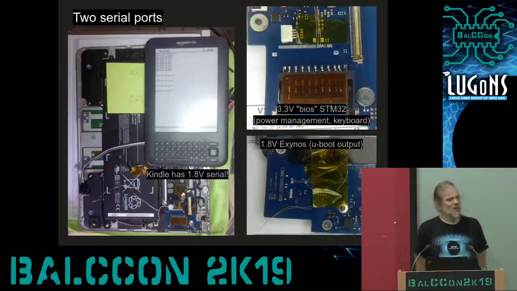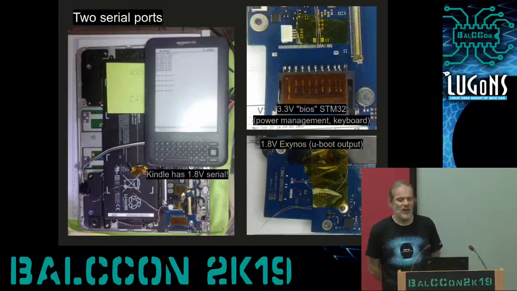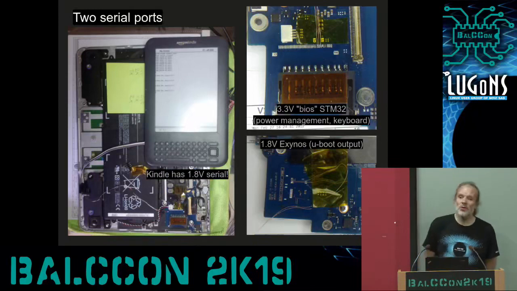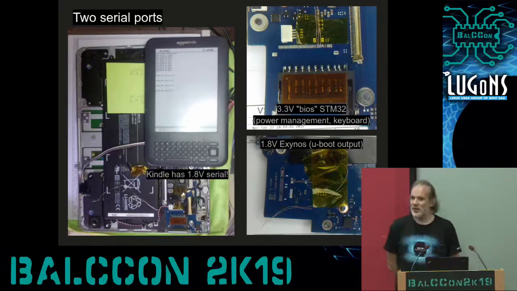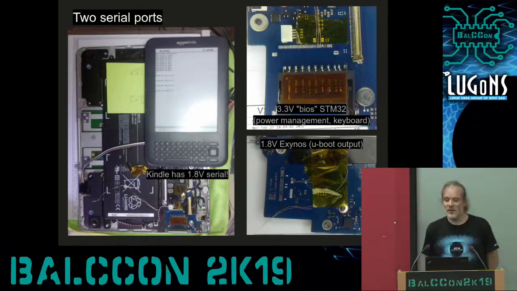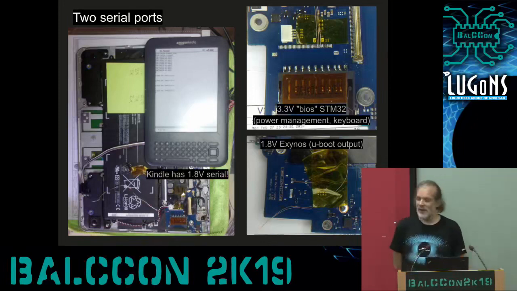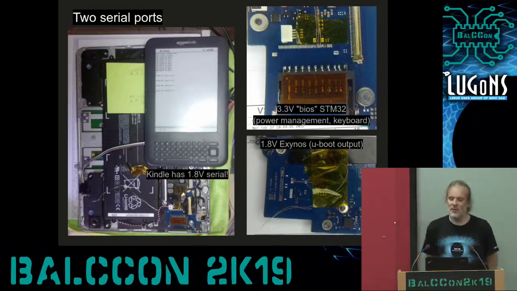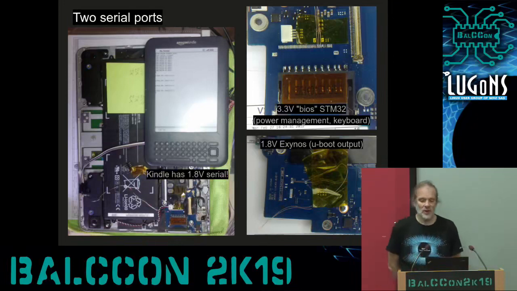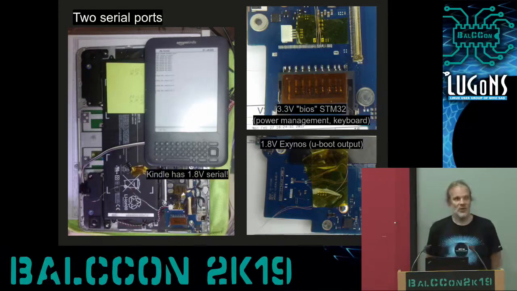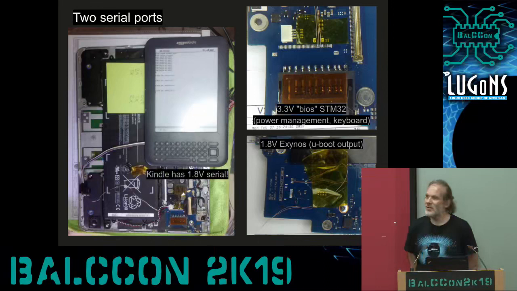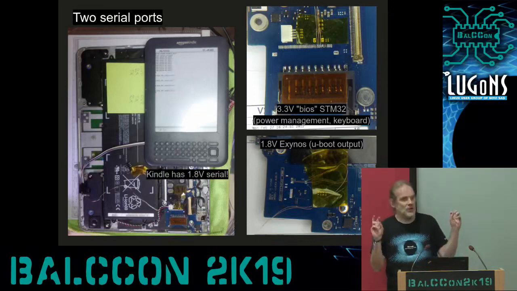The problem was, and we'll come to this recurring problem, that if you want to do something like that, it's really good to have the serial port. The fortunate thing was that there was a schematic of the board itself, so I knew where the serial ports were, but one of them was 3.3 volt, and it was the STM32 microcontroller, which Chrome OS uses like a BIOS chip in a sense.